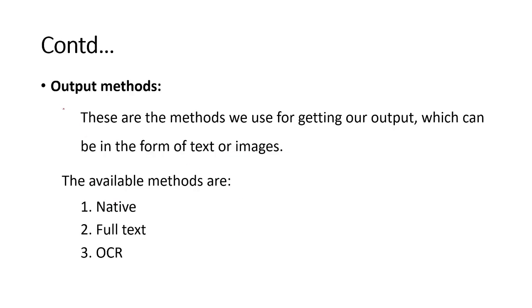Okay, output methods. Again, remember at a high level, you can provide output from your task in 2 ways. One is the text way, or the image way. Make it simple. You can have 2 types of outputs over here. Either text as an output or image as an output.